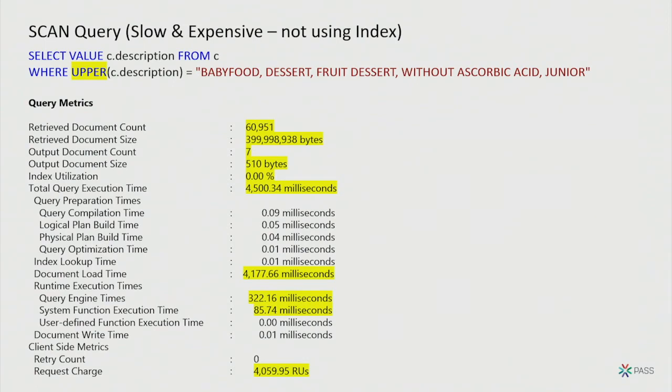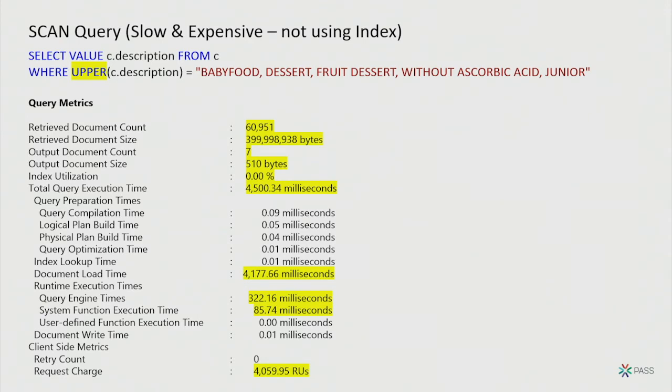I can't really tell from the side here. It took 4.5 seconds to process, but it used just over 4,000 RUs. Yeah, not a good query because there's no index, okay? It took 4.5 seconds. That's not my single millisecond digit, is it? No way. Reason being, it doesn't use an index.